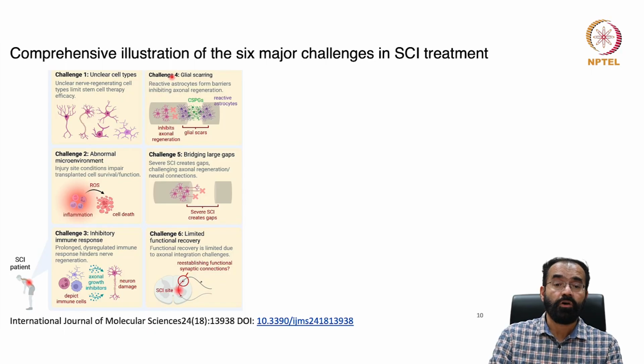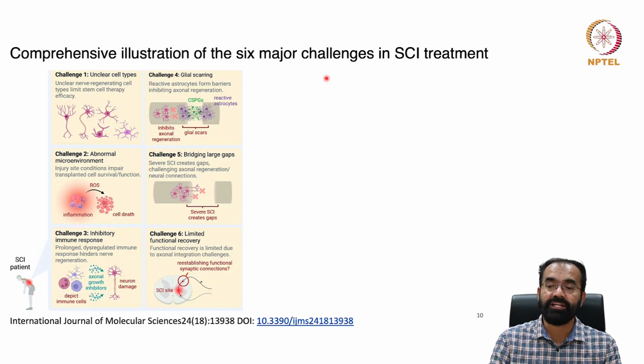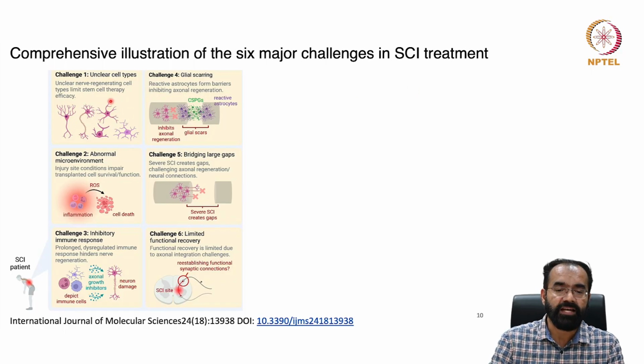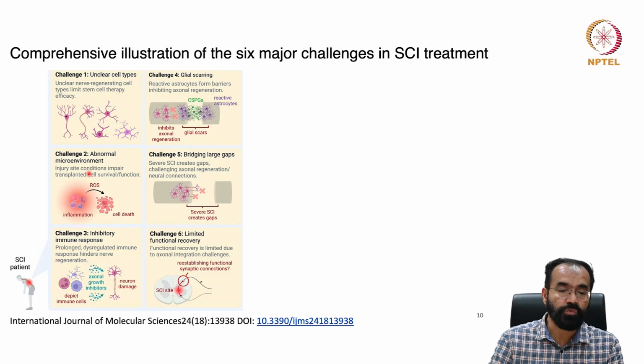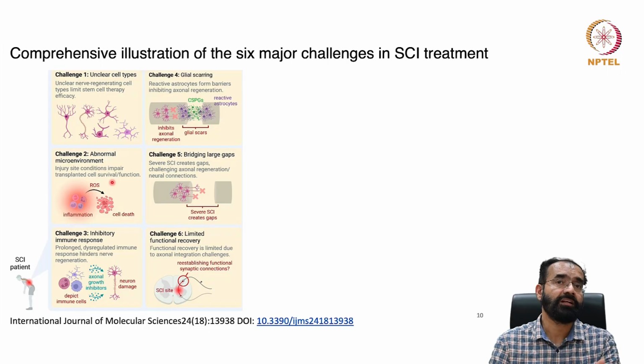So, a comprehensive illustration of 6 major challenges in spinal cord injury treatment. Challenge 1: unclear cell types. Unclear nerve regeneration cell types limit stem cell therapy because some junk gets filled in that place. Challenge 2: abnormal microenvironment. Injury site conditions impair transplanted cell survival and function.